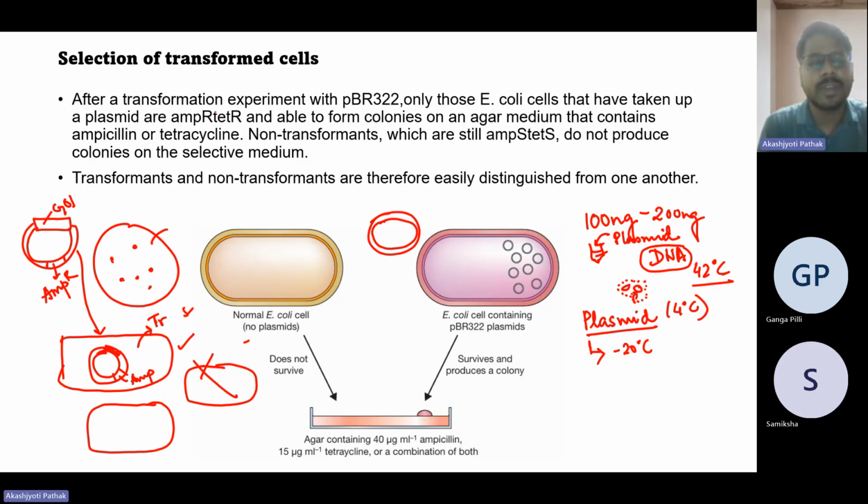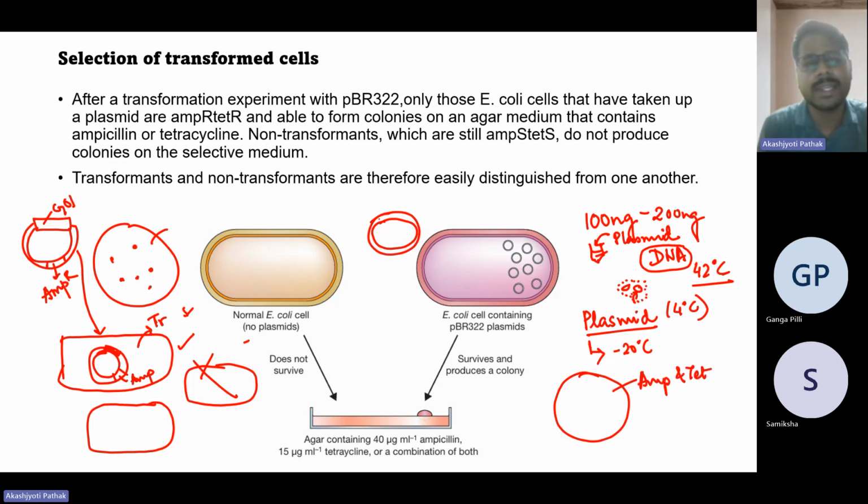So after transformation, if for example you are using this pBR322 vector, only those E. coli cells that have taken up a plasmid will be ampicillin resistant and tetracycline resistant. So if you transform this vector into an E. coli cell, and then you grow the E. coli cells in an agar plate having ampicillin and tetracycline, then what will happen?